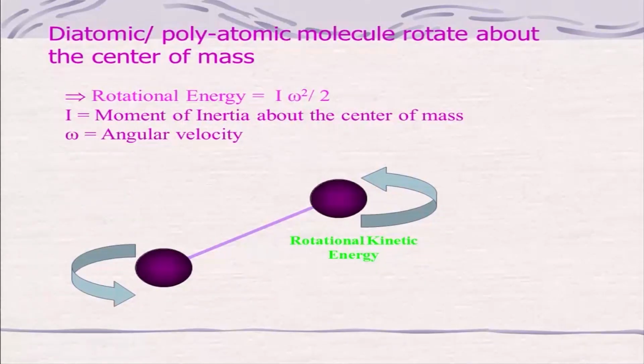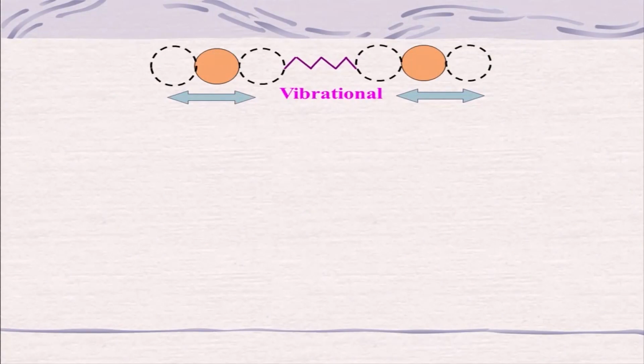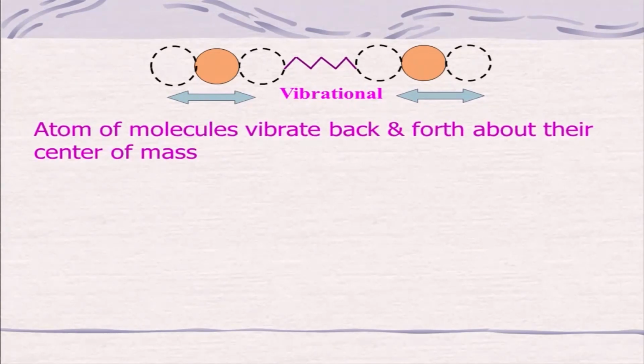That means the molecule will have translational kinetic energy, rotational energy, and the molecule can also vibrate about a certain mean position. If it is vibrating, that is known as vibrational energy in a microscopic form.